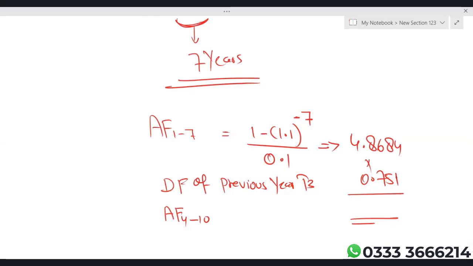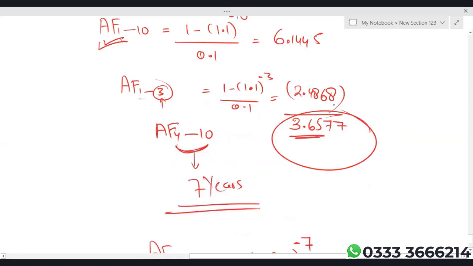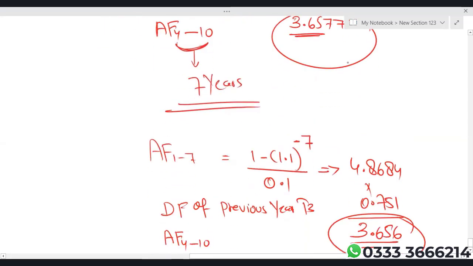We are getting the same result, yes or no? Is this clear? Why are we multiplying with the previous year discount factor? It's just another way of calculating the same thing.